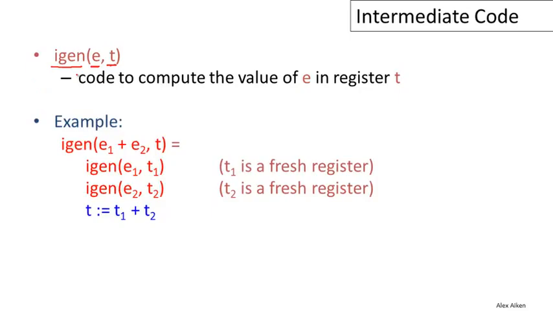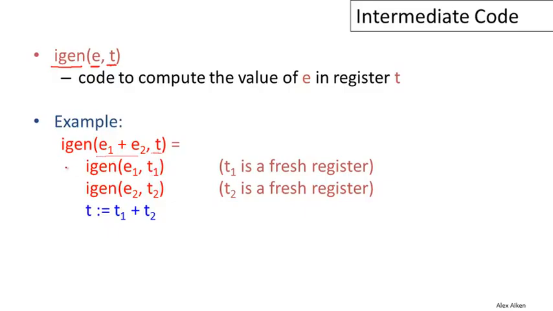To give you just one example, and this is the only example that I'll do, let's take a look at generating intermediate code for a plus expression. I want to generate code for E1 plus E2, and I want the result of that to be stored in the register T. The first thing I'm going to do is generate code for the sub-expressions, and I need some place to store their results, so I'm just going to make up new register names.